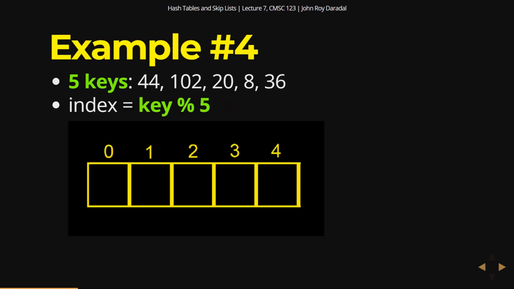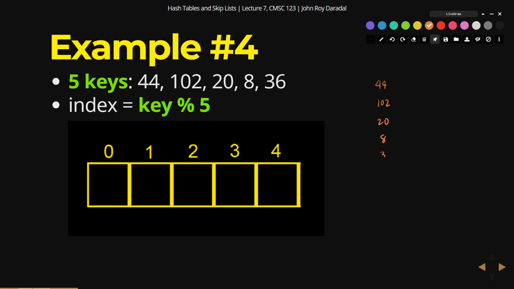So how will that look? For example, let's say that we know that there are 5 keys. These are the 5 keys here: 44, 102, 20, 8, and 36. So we'll use an array of size 5. We have that one here. And where will we put them? We'll use this transformation, key modulo 5.